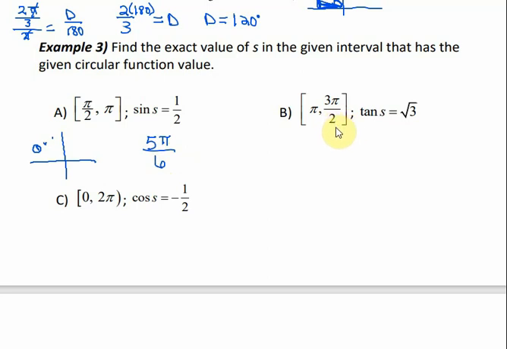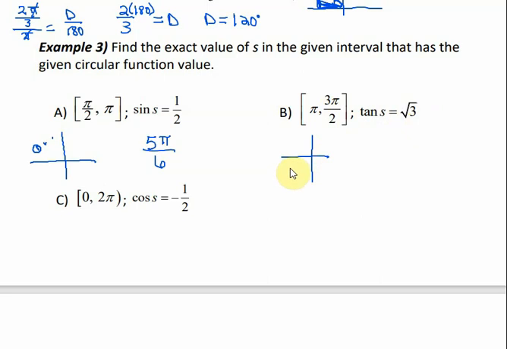Okay, for b, we're going between pi and 3 pi over 2. So that means we would be in the third quadrant. Okay, so if we are down here in this third quadrant, again, since this is not square root of 2 over 2, it's not going to be that quarter angle.